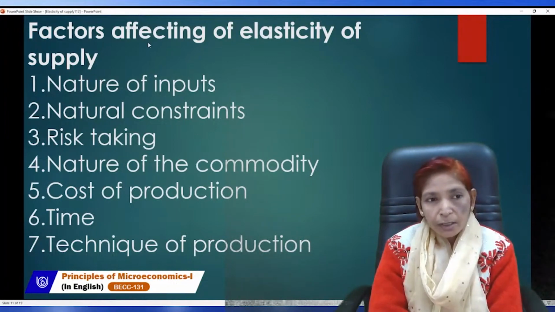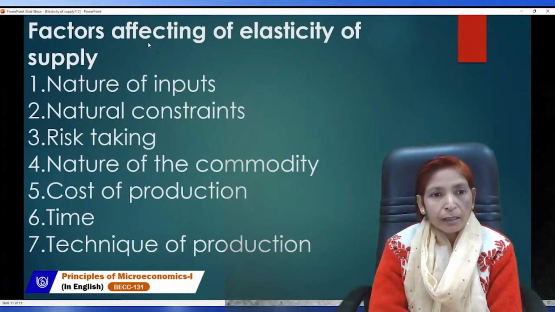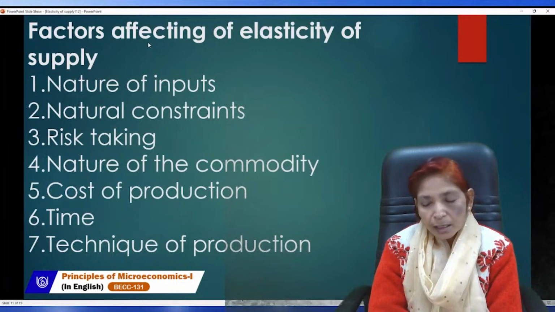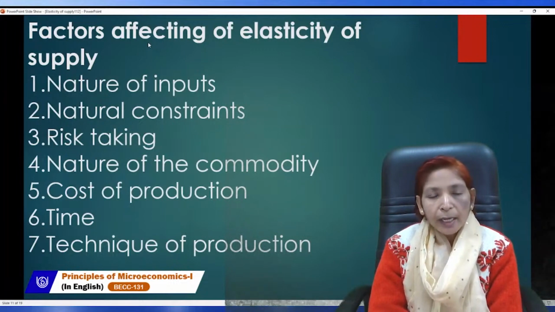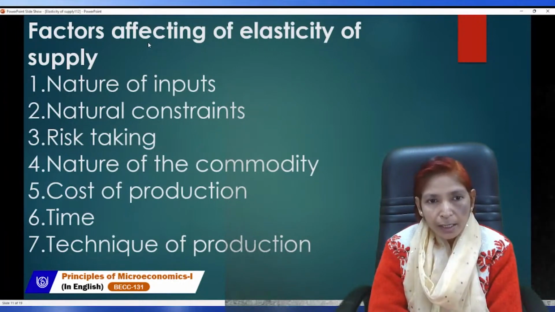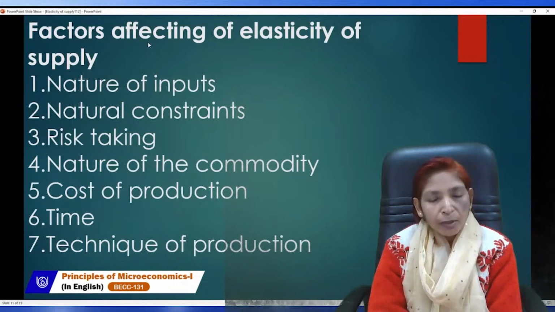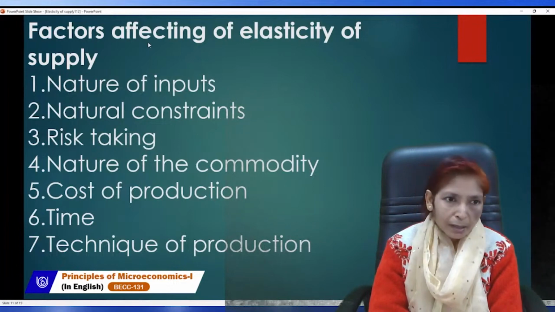If the input nature is complicated and inputs are very rare or scarce, not easily available in the market, and the cost of inputs is very high, in this case production will be lower and you can't increase supply according to your willingness or desire. So in this case supply will be called less than unitary elastic or inelastic.